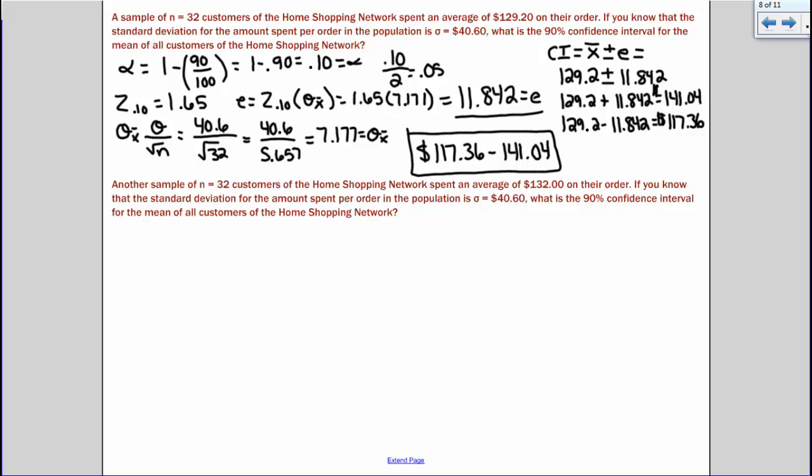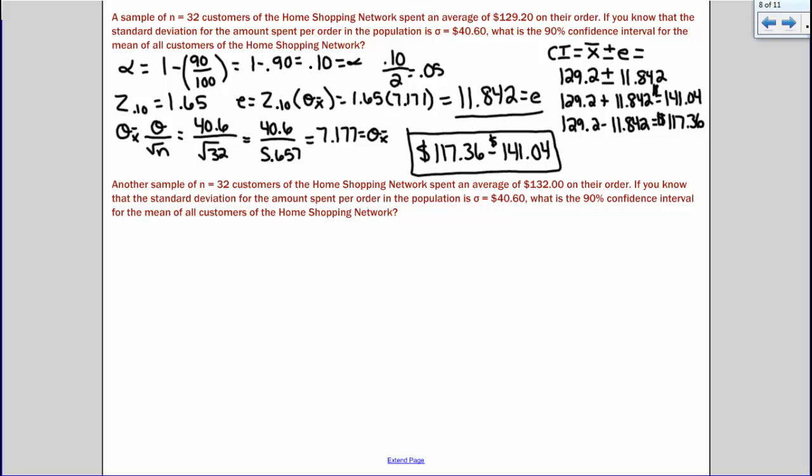And I am 90% confident that the true population mean of spending per home shopping network customer is between $117.36 and $141.04. Now I'll say that again because the interpretation of this is very important and I just don't have room to write it out.